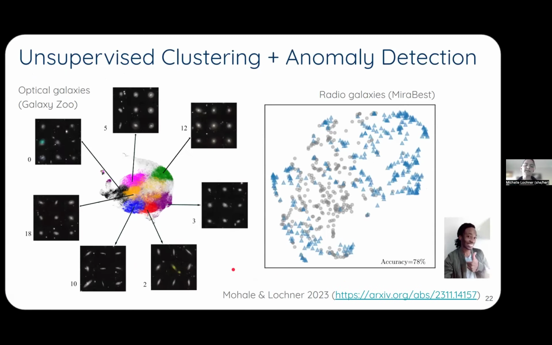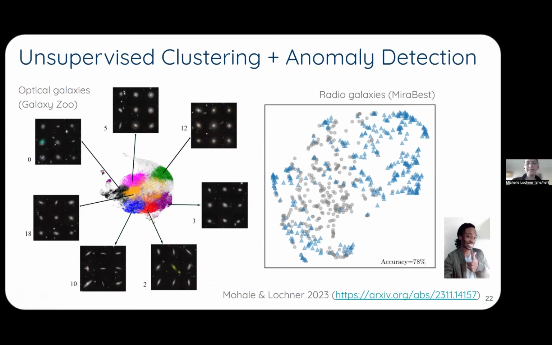And so we did this, again, on the Galaxy Zoo dataset from scratch. It's about 200,000 images of galaxies, trained BYOL. And the cool thing is that we're able to apply an unsupervised clustering algorithm, which could automatically group together very similar looking galaxies. So in theory, you don't actually have to run a classifier.